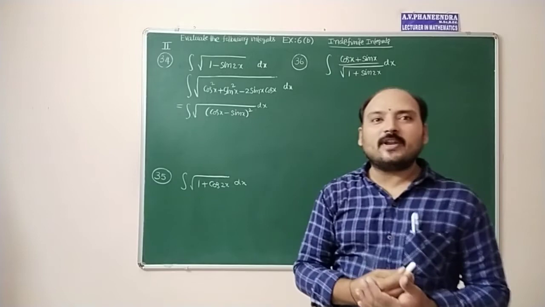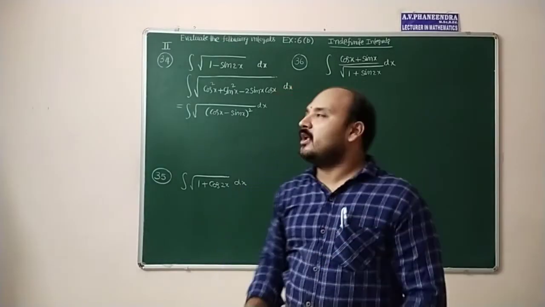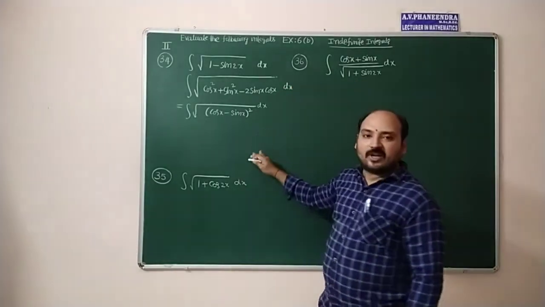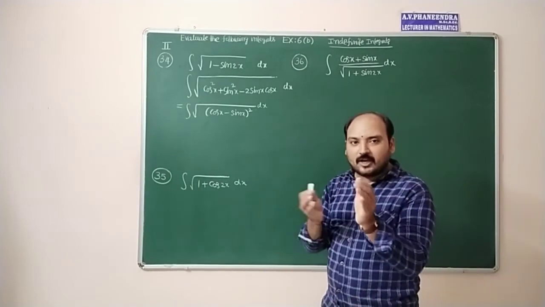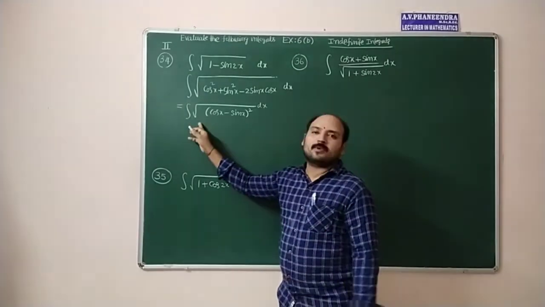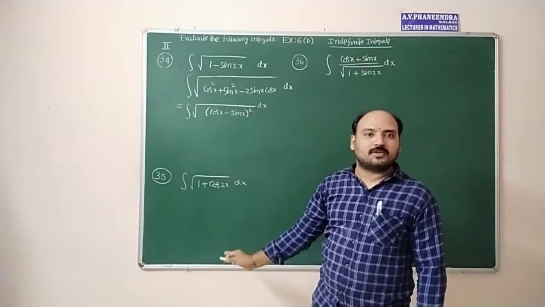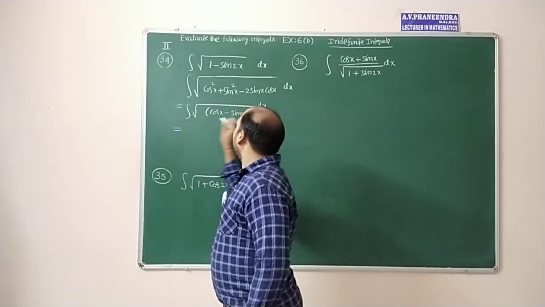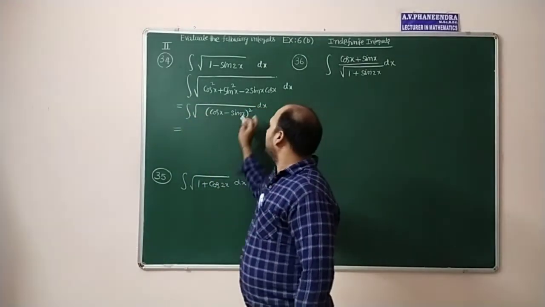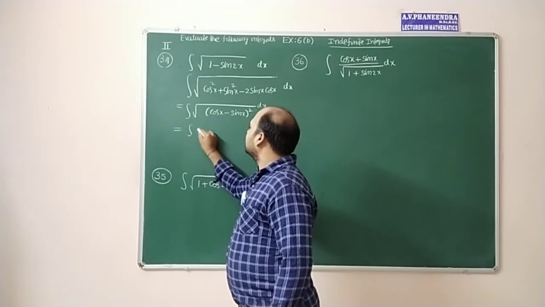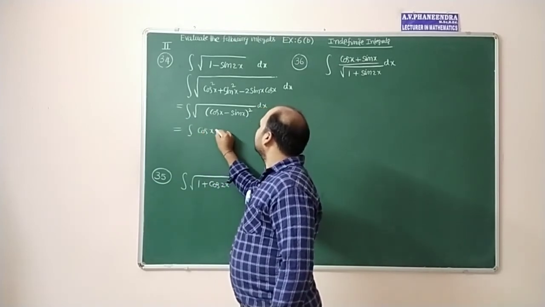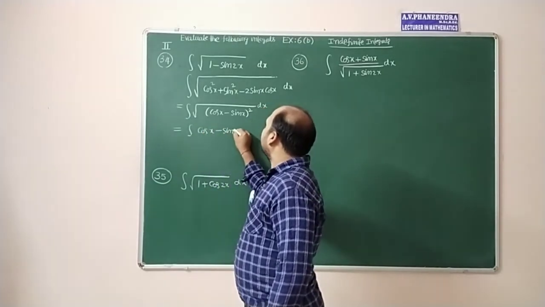Generally plus or minus will come based on the domain, if they mention it, particularly if they are asking in a particular interval; at that time you have to consider plus or minus, otherwise generally you do it this way. So now square and root will be cancelled, remaining is integral cos x minus sin x into dx.